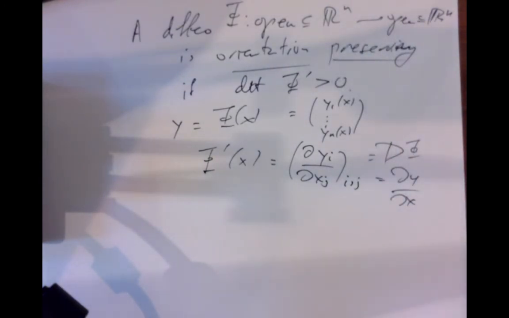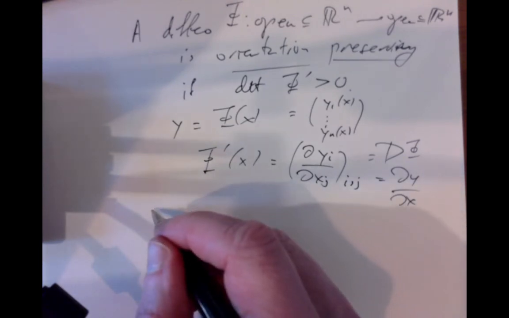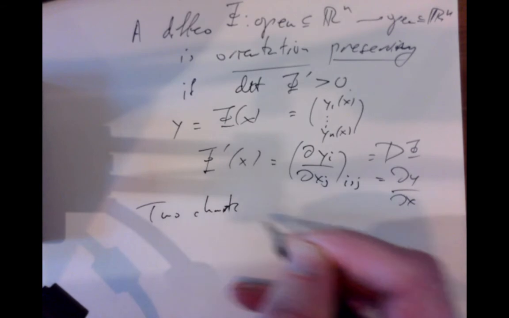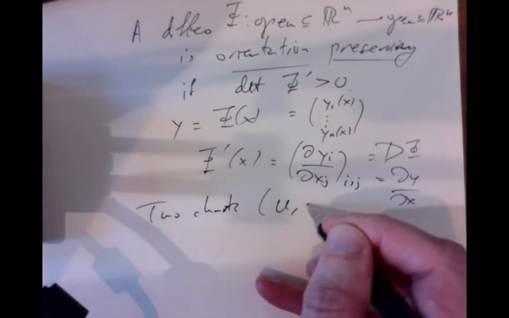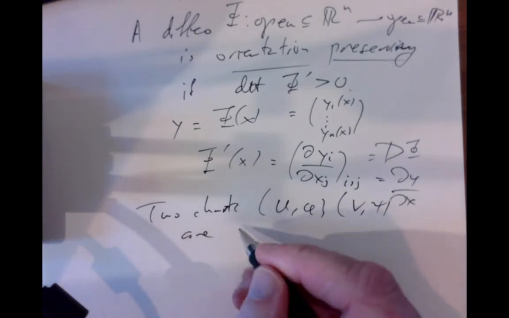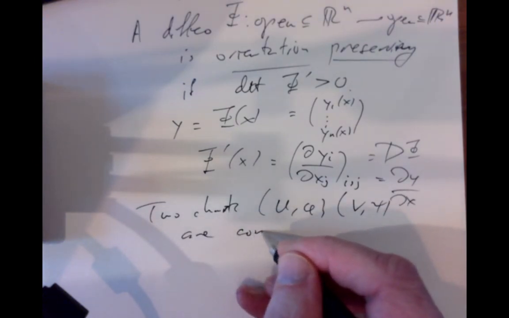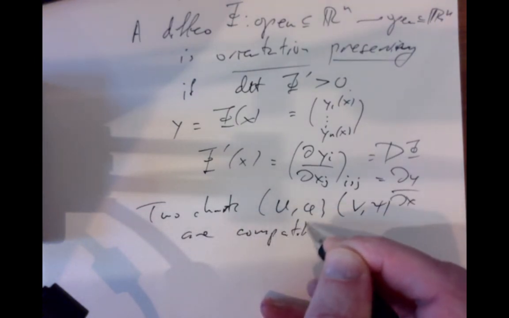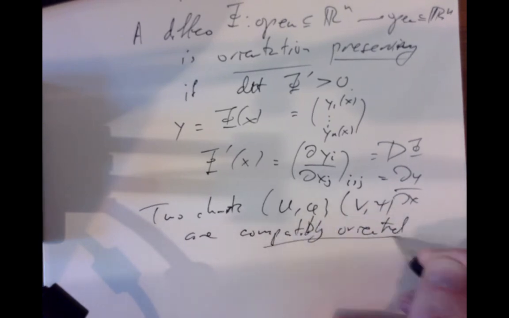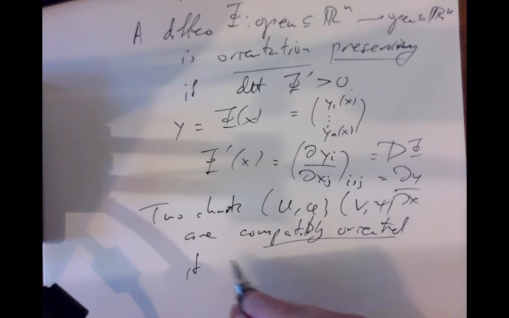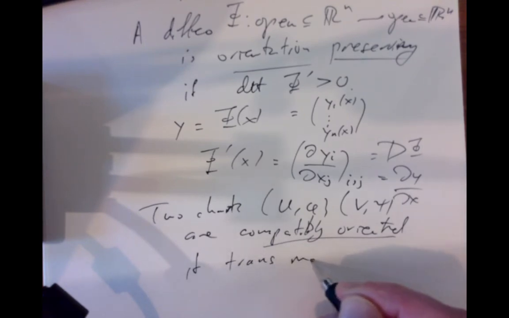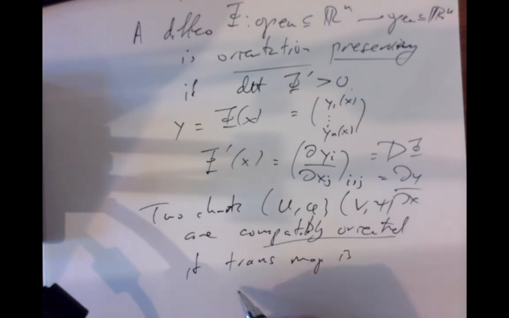But then there's an obvious definition for a manifold. We can say two charts on a manifold, U phi and V psi, are compatibly oriented if the transition map is orientation preserving.